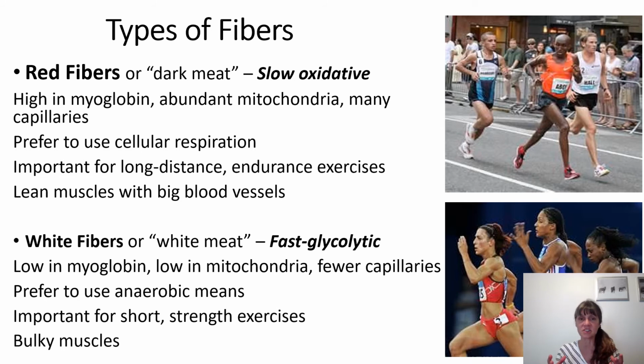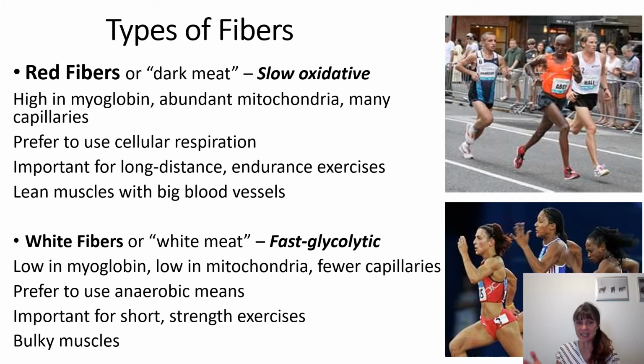Therefore, they are going to be high in myoglobin. When oxygen attaches to myoglobin, it gives it this nice red appearance, just like when oxygen attaches to hemoglobin in your blood, it gives it a nice red appearance. Red muscle fibers have abundant mitochondria and lots of capillaries, which are those tiny little blood vessels to carry blood and oxygen to these skeletal muscle fibers.